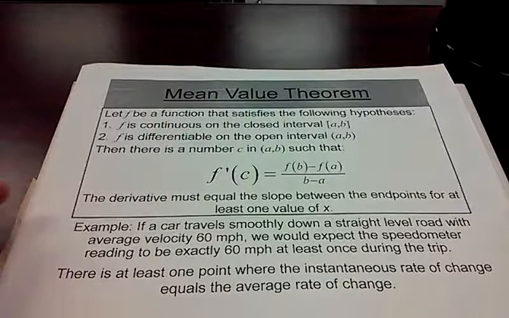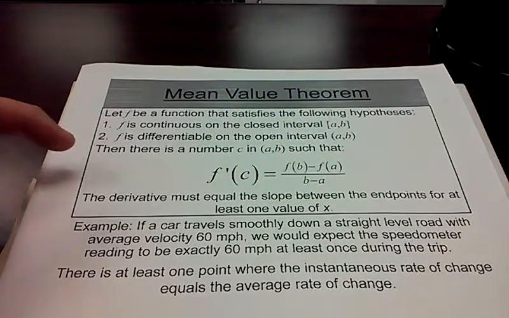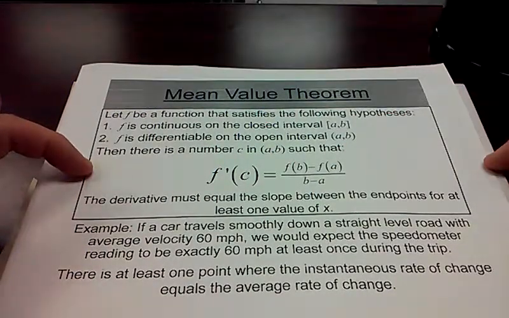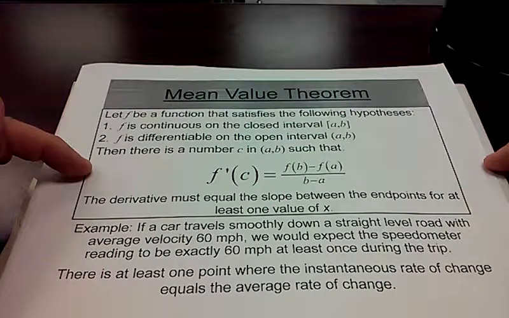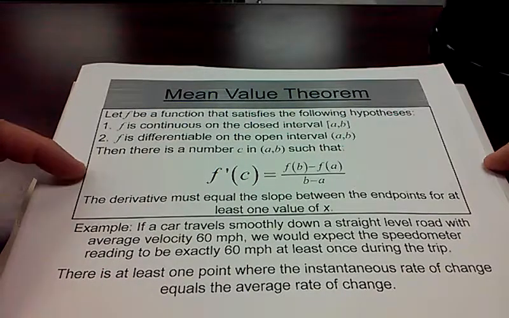A good example of this is if I was driving from Climax to Cairo, and my average speed from Climax to Cairo was 60 miles per hour. That doesn't mean I'm going 60 miles per hour the entire trip. For example, I know I'm not going to go 60 miles per hour in Wiggum, because I'm obviously going to get pulled over and get a ticket.